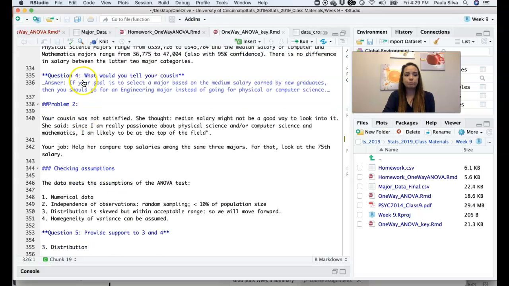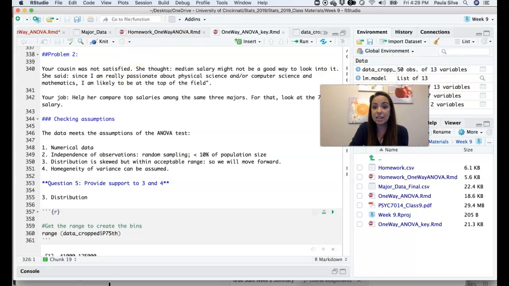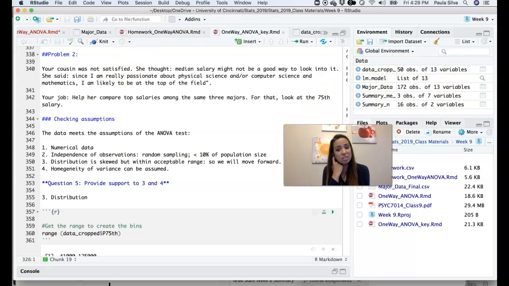All right, so again, now we're ready to go to problem 2. Here is what we're facing. Cousin was not satisfied with that answer. She thought she's not too ready to give up her passion just for money just yet. She was critical about your response. She thought median salary might not be a good way to look into it. She said, since I am really passionate about physical science or computer science and mathematics, I'm likely to be at the top of my field.